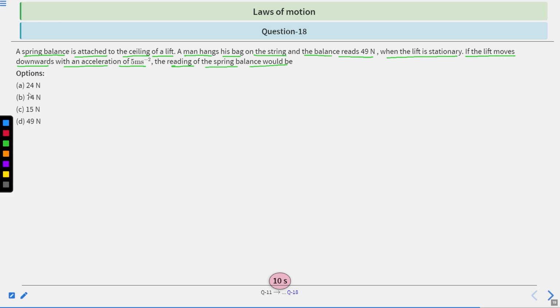The options are: A, 24 Newton; B, 74 Newton; C, 15 Newton; and D, 49 Newton. Which option is correct? You have 10 seconds to solve this question. After that, we will provide the solution.